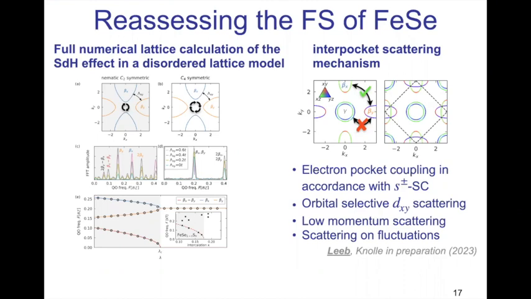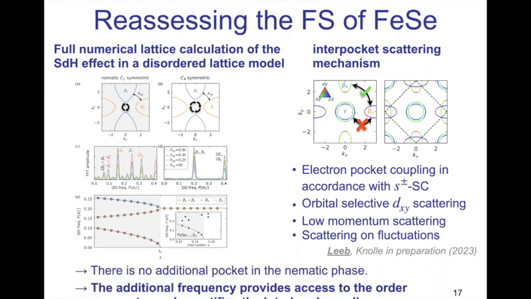Let me also mention at the end that in principle, what we consider is impurity coupling, because it's very easy to do numerics then. But in principle, you can also get the same physics when you scatter on fluctuations. So our conclusion for iron selenide would be that there is no additional pocket in iron selenide, even though people observe an additional frequency in the quantum oscillation experiments.